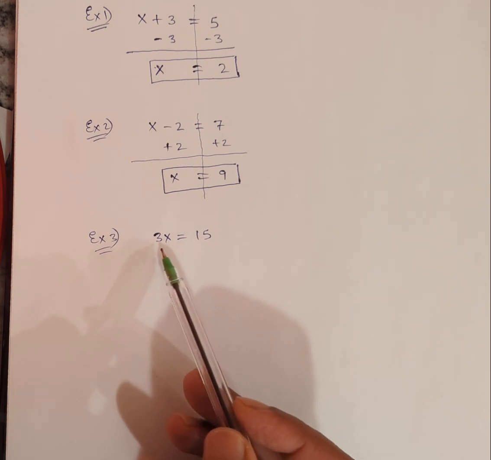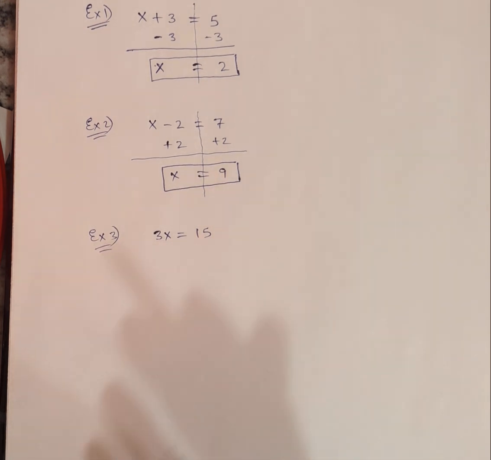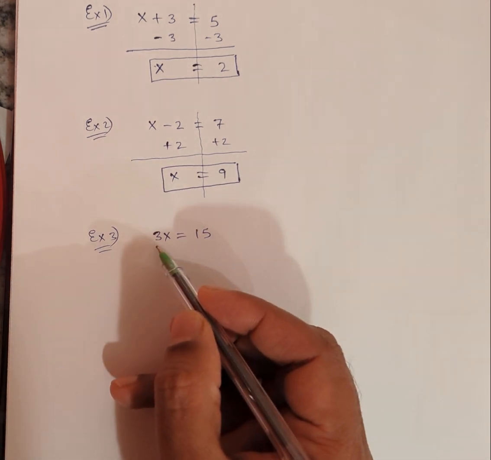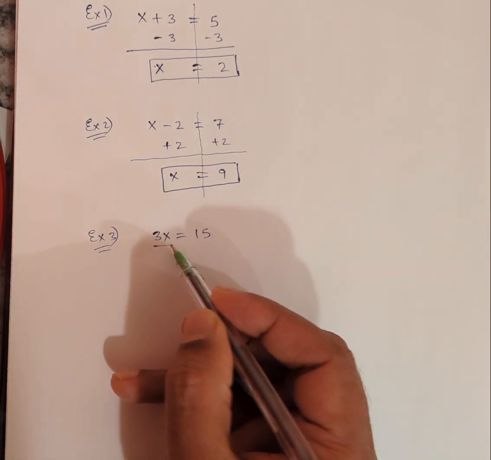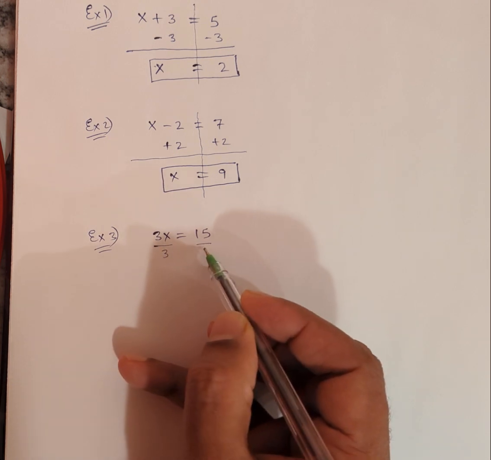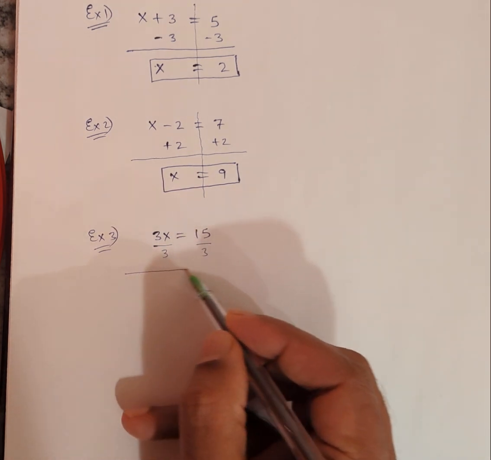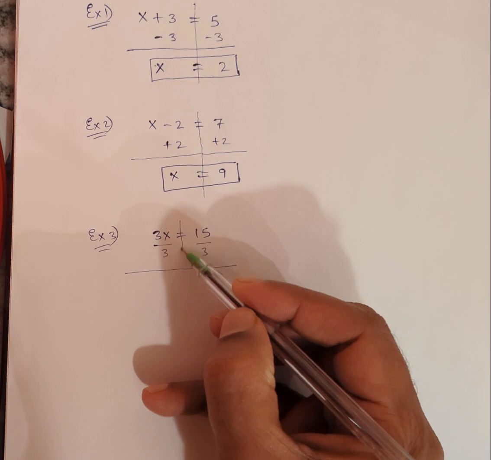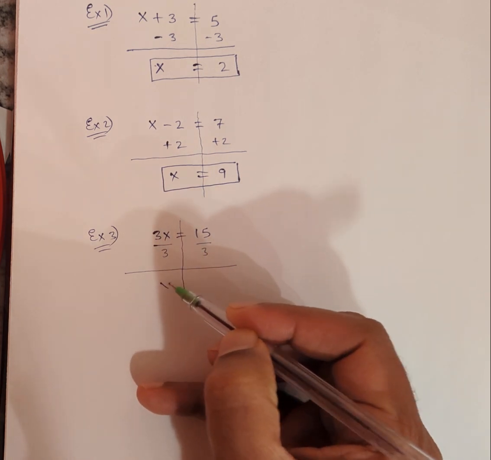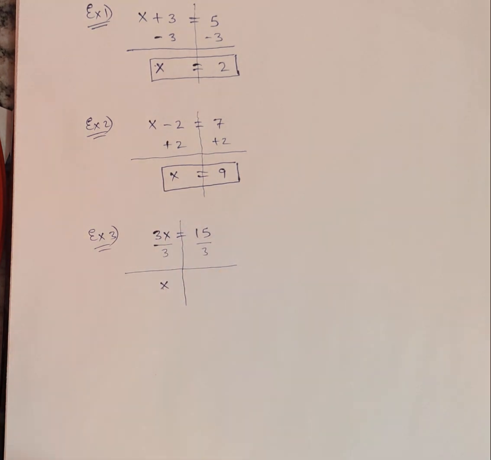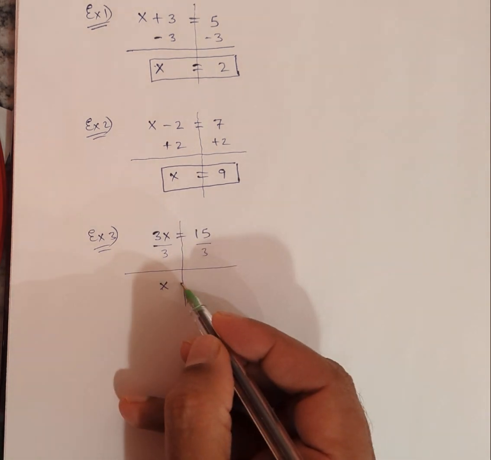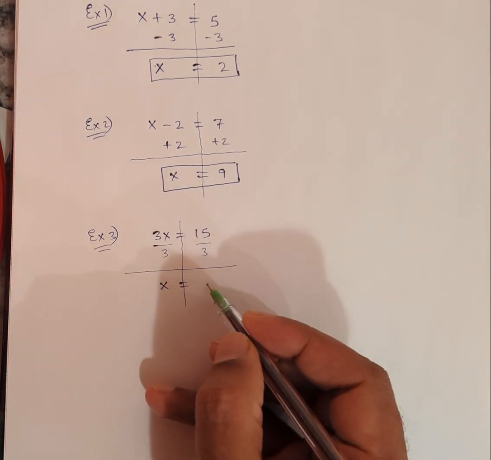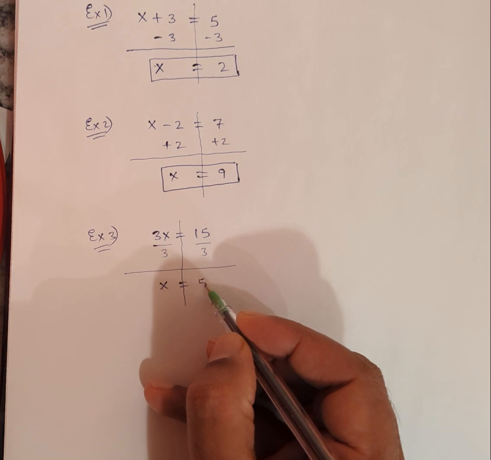So how do you get rid of this 3? You've got to do the inverse of multiplication, which is division. So this time you divide both sides by 3. And what you would have on the left is just x by itself, because the 3's cancel each other out. On the right, it's 15 divided by 3, which is 5.